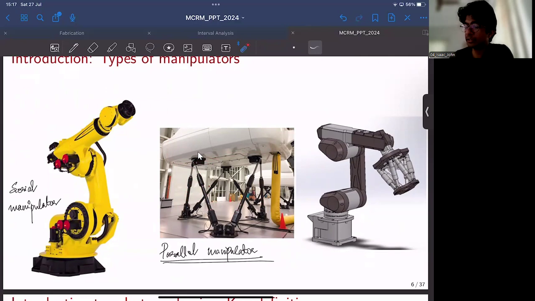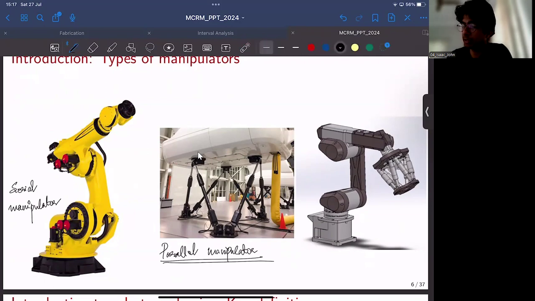And the key difference from serial manipulators is that in the case of a parallel manipulator, since it is supported by 6 legs, it can be used for heavy payload applications. And due to the fact that they have 6 legs, they are much more accurate.